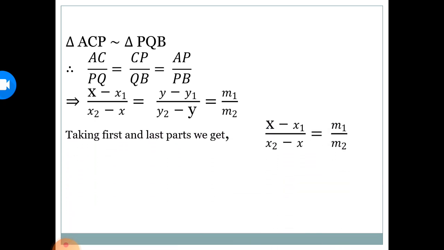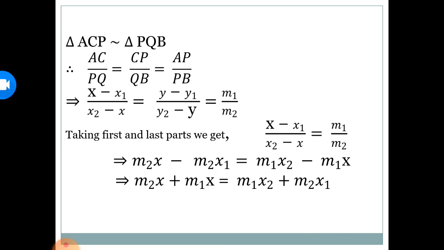Now if we take the first and third part of the ratio, we get (x minus x1) upon (x2 minus x) equal to M1 upon M2. Cross multiplying, we get M2x minus M2x1 equal to M1x2 minus M1x.